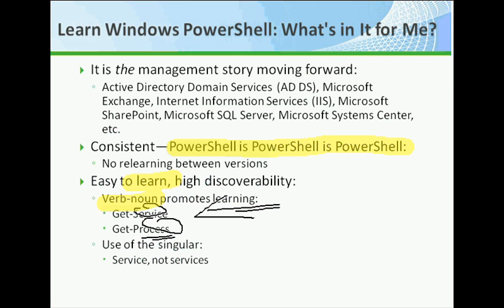So we get rid of those snakes that can trip you up. Now, this isn't always the case because lots of different people, companies, and teams write their commandlets. But for people that know Windows PowerShell, we're expecting the singular. And so that's what you should try first when you're guessing or just trying to discover what you might need to use.